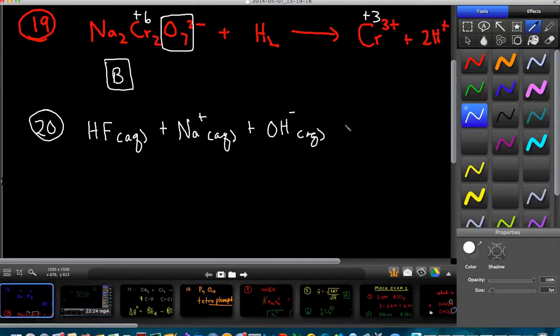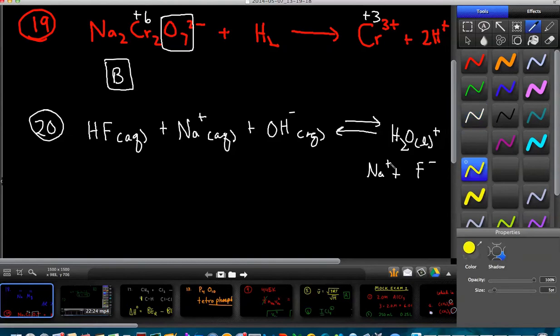Whenever HF does ionize, although it happens very, very rarely, you will immediately produce a molecule of water in the liquid state and a fluoride ion. And of course, you'll have the sodium counter ion.